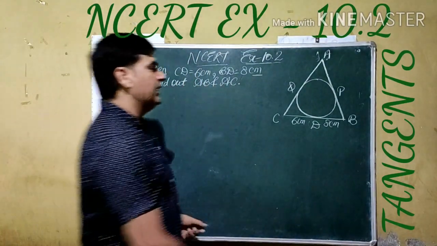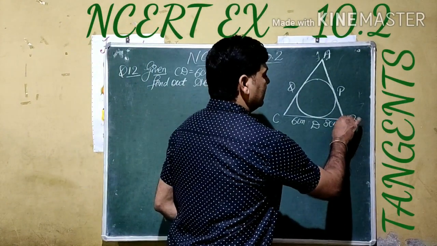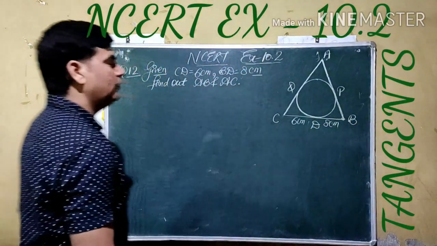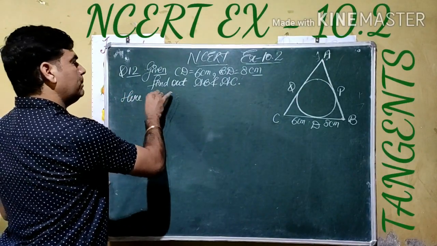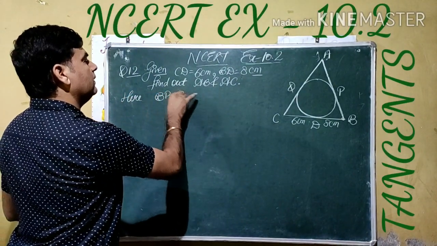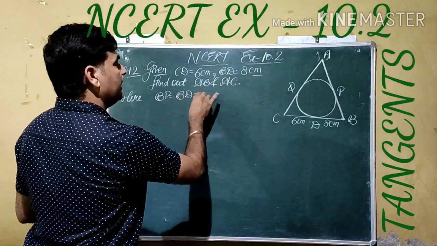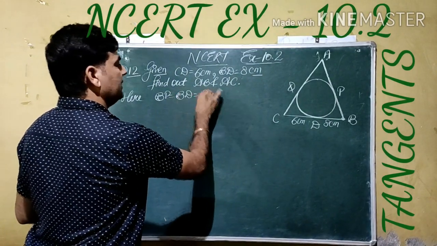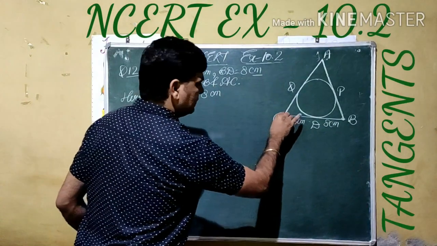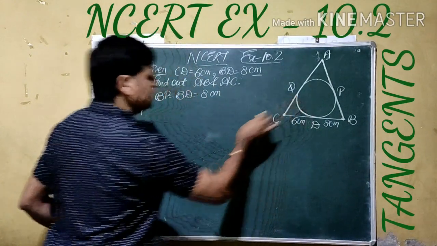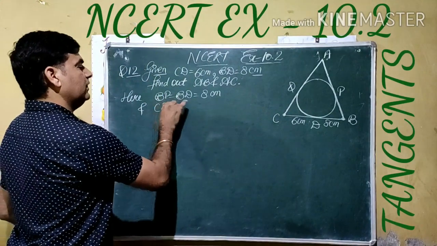As we know, B behaves like an external point, so the lengths of tangents are equal. Here BP and BD are equal. It means BD is 8 as given, so BP is also 8 cm. And C is an external point, so CD and CQ are also equal.